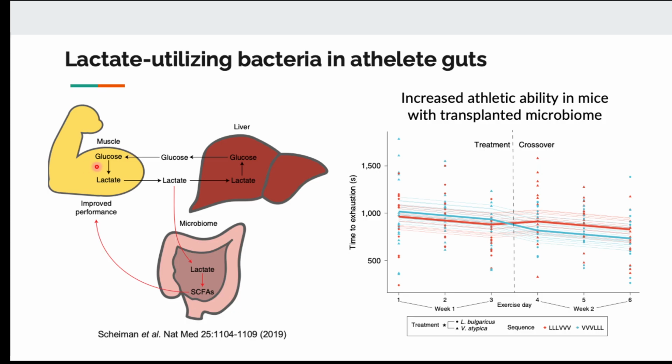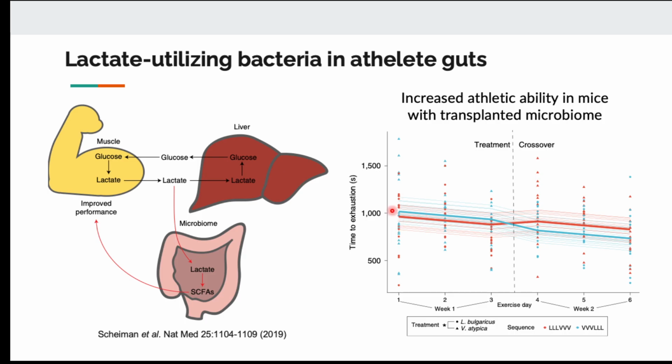So they identified these bacteria, and then they wanted to be sure whether these bacteria are responsible for the capability of athletes. So they studied in mice, they transplanted these bacteria into the mouse gut. And they identified that mice without the bacteria performed worse than mice with these bacteria. So they let the mouse run on the toys in their cage, and they see how long it takes for the mouse to get tired.